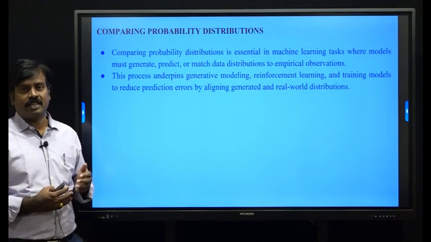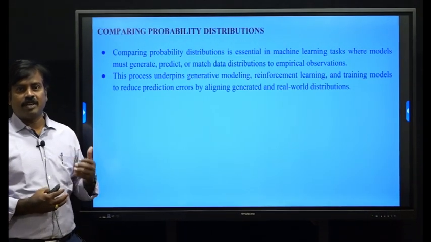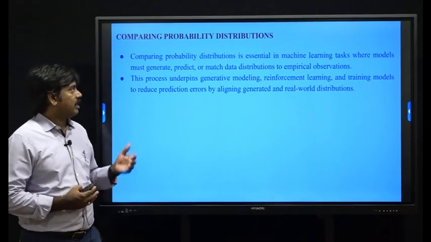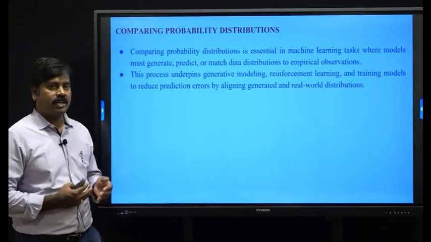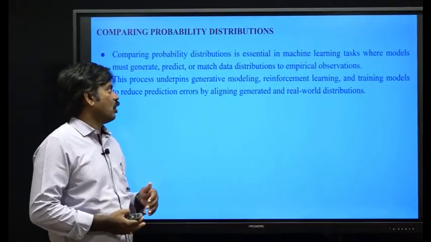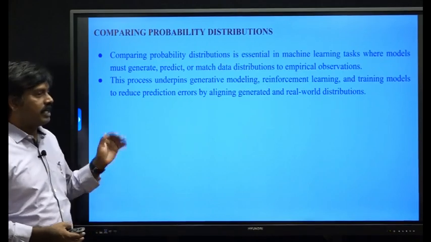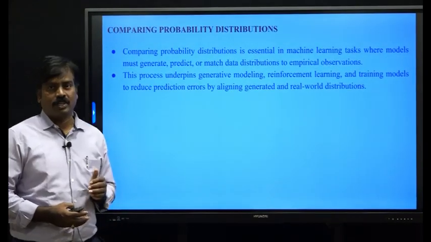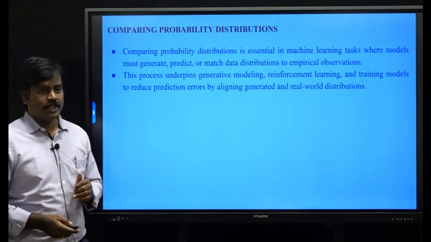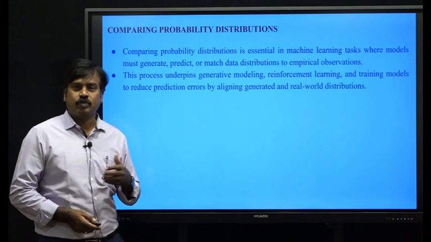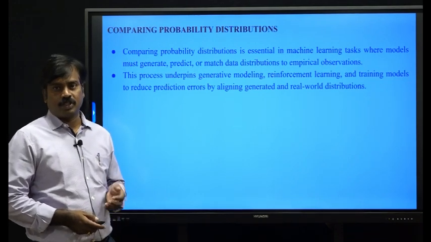Generally, Q learning generates estimated deterministic values, but in distributional Q learning we get distributional rewards, distributional values. So in comparing the probability distributions, we are required to evaluate the distributional Q learning concept.